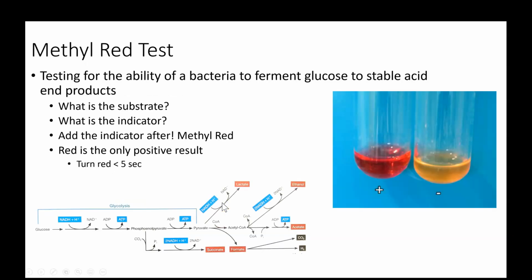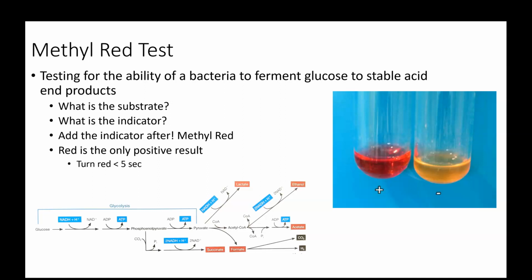All right, so let's treat these as two separate tests. We have a methyl red test, and the methyl red test tests for the ability of a bacteria to ferment glucose to acid end products. It's important to point out that these particular acid end products are very stable. They're going to last a very long time.